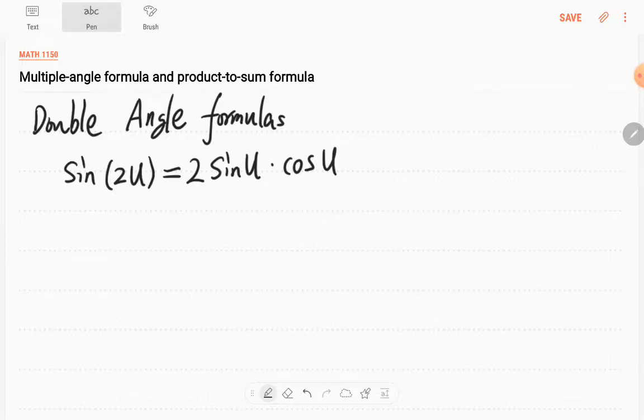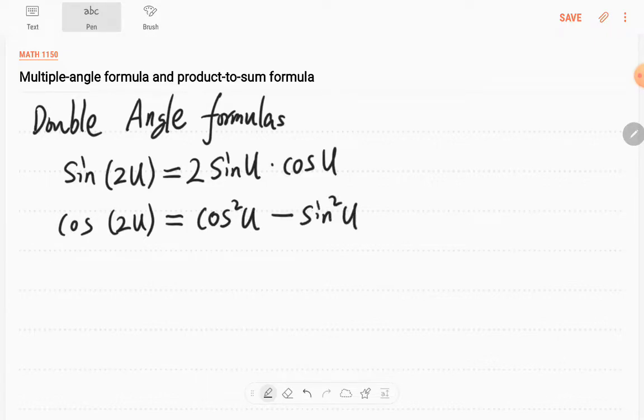And you also have cosine 2u. The same thing: you treat 2u as u plus u, then use the sum formula for cosine. Then you will have cosine square minus sine square.